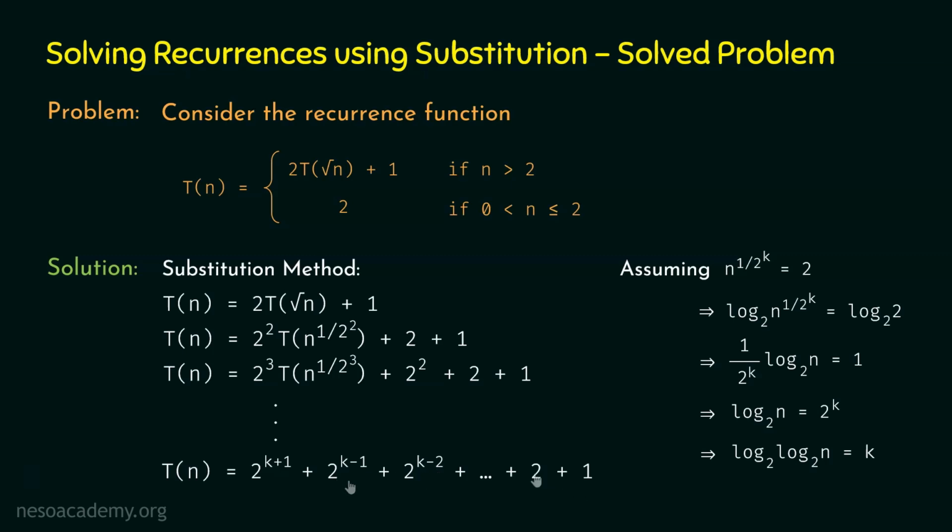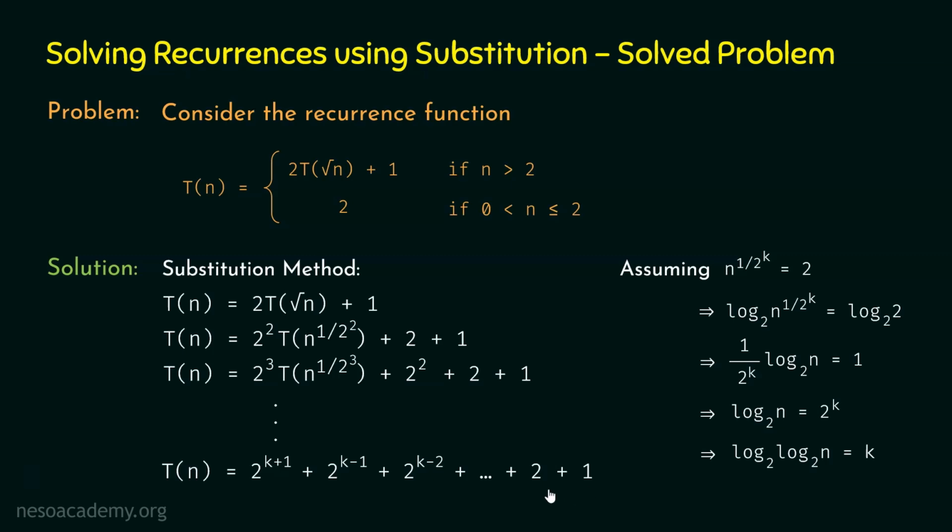We can observe this is forming a GP series. How? We know what GP is, geometric progression. If we start this series from here, the first term is 2 power 0, which is equal to 1. And here each term is obtained by multiplying the previous term by 2. This means the common ratio is 2.